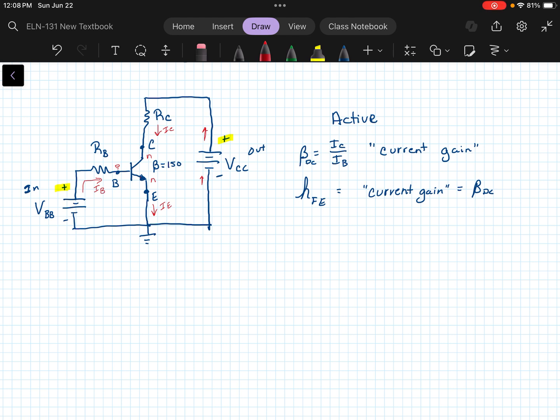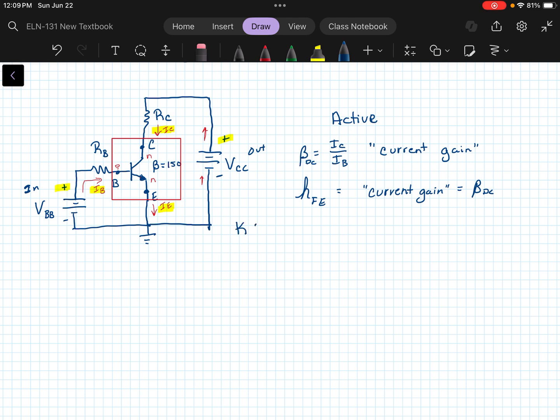So let's take a look at a little network in there. In this network, you see that we have IC coming into this box. Forget about what's in the box, it doesn't matter right now. We have IB coming into the box, and we have IE leaving the box.